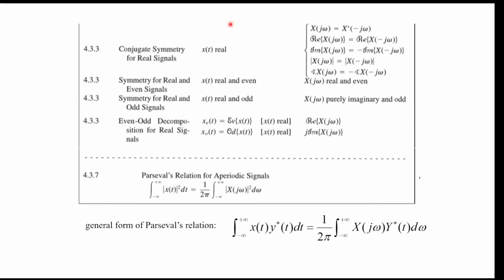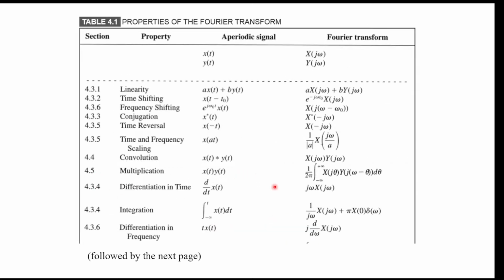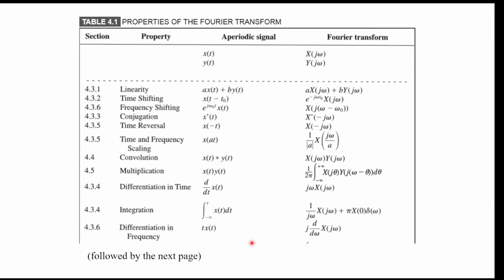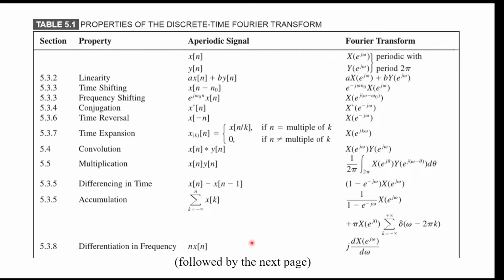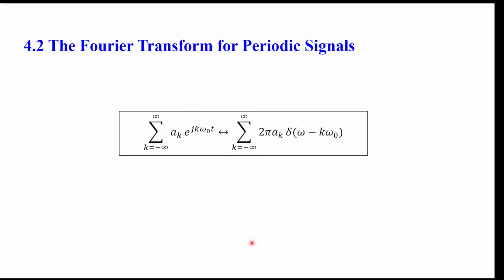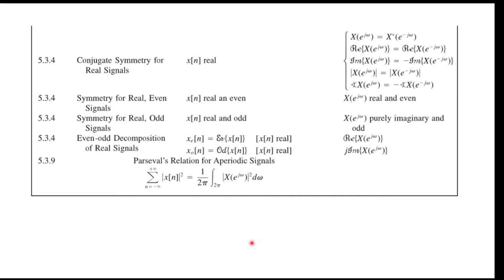So let's just look through them very quickly, and you can see some of the conjugation symmetry here, etc. Those are properties for the continuous time Fourier transform. Then we have properties for the discrete time Fourier transform. You can look through them more carefully when you review yourself.